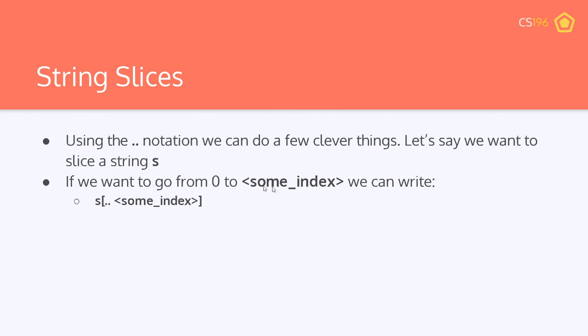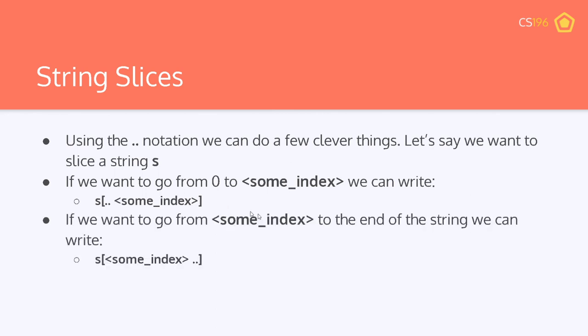If you want to go from 0 to some index, you don't actually have to write the 0. It's inferred, so you can just do dot dot and then whatever index you want. Similarly, if you want to go from some index to the end, you can say some index dot dot and then nothing afterwards. The last index is inferred as well. It can figure it out on its own.